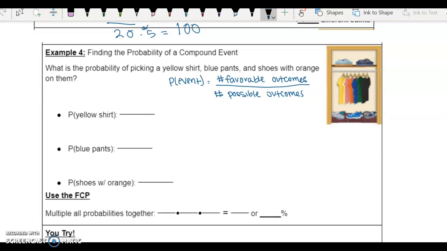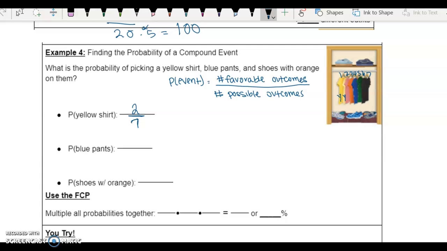So the probability of a yellow shirt. If you look over here, we have 2 yellow shirts. One's just a little bit lighter. So we have 2 yellow shirts over our 1, 2, 3, 4, 5, 6, 7 possible shirt options. Then we have blue pants.